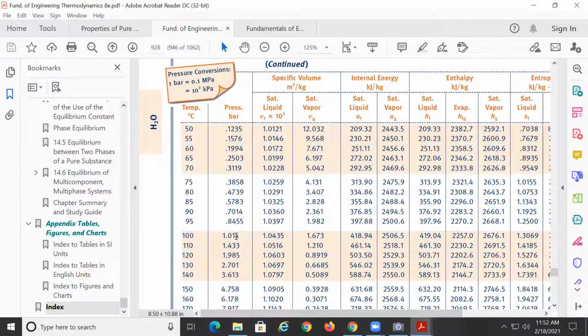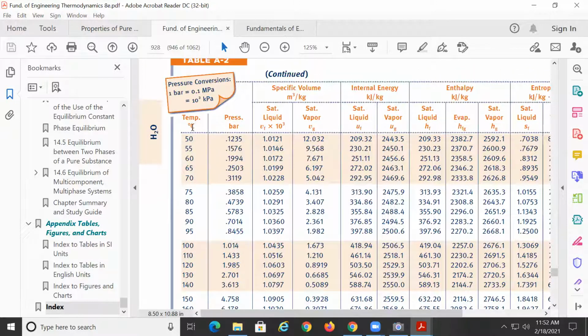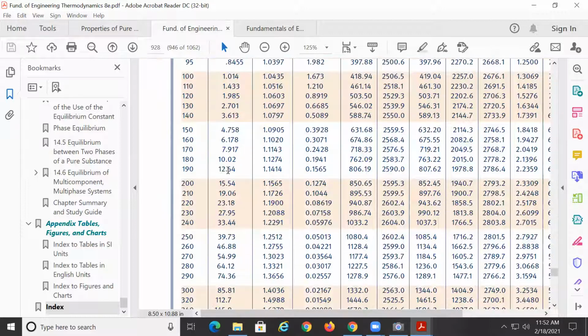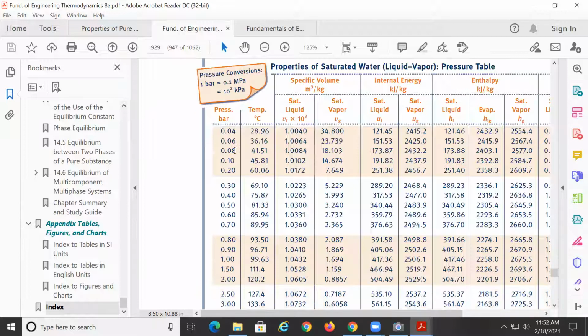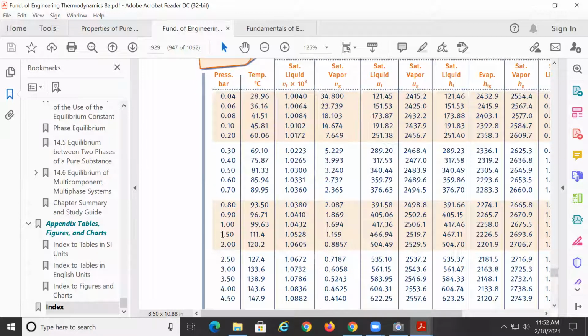But let's say we go to the tables where instead of having the temperatures, we have the pressure. I think it's the next one. So here we have the pressure. Let's say 1 bar, the atmospheric pressure. What is the temperature at which the water is going to be saturated, when it cannot be liquid anymore? 99.63. This is kind of what we know, no? So you see, at 1 bar, you have all these values here, and you know this should be 100. That's why you have it over here.